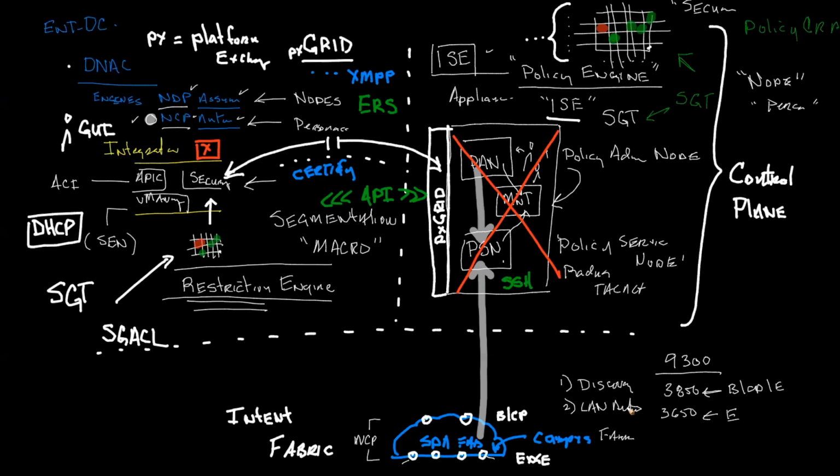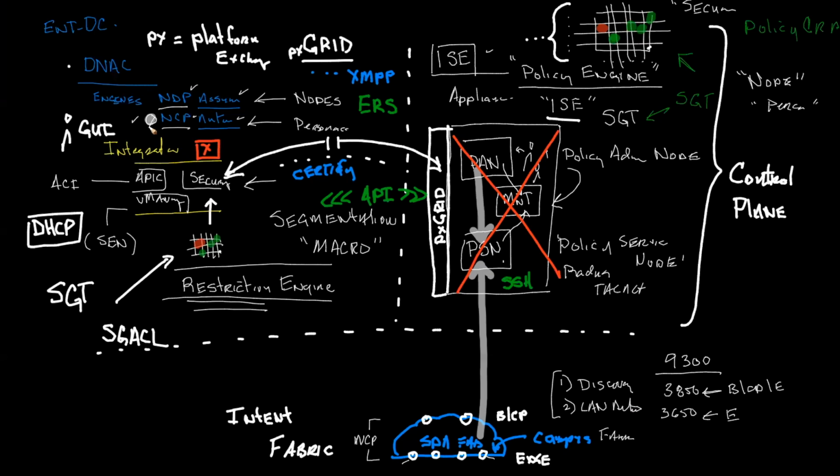Now, with this being said, this is very important because what we need to understand is what we're relying on to do what. And right now, as I said, we're relying on the NCP engine to configure this fabric.